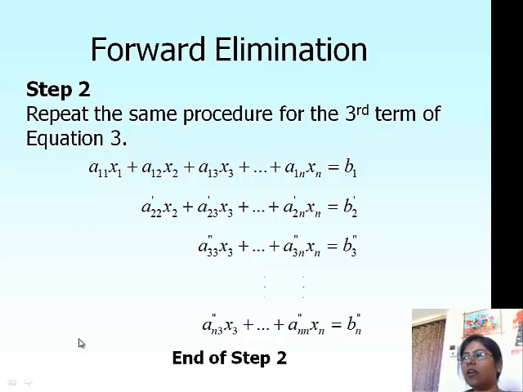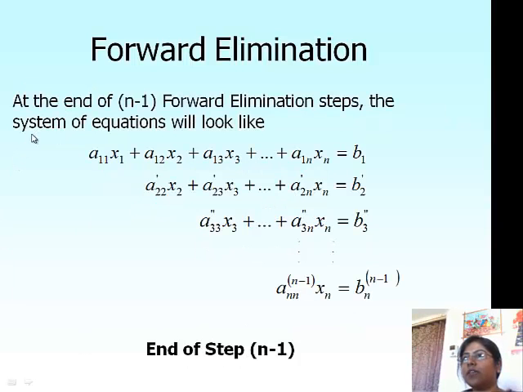After the end of step 2, at the end of n minus 1 forward elimination steps, the system of equations will look like this.